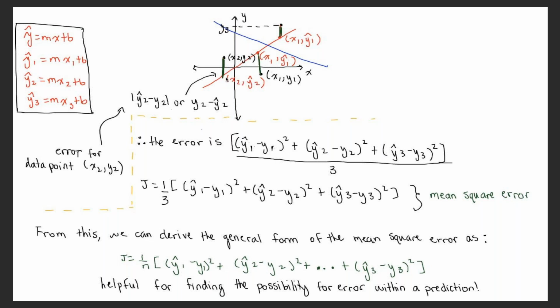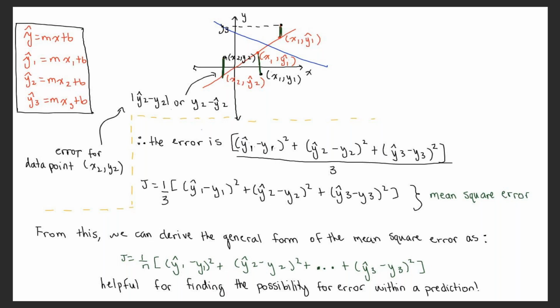Y hat 2 is basically the shared label but different feature. So the label corresponds with the actual data point itself, but the feature is different. So we take the feature of that red line that we predicted minus the feature of the actual data point that we have.